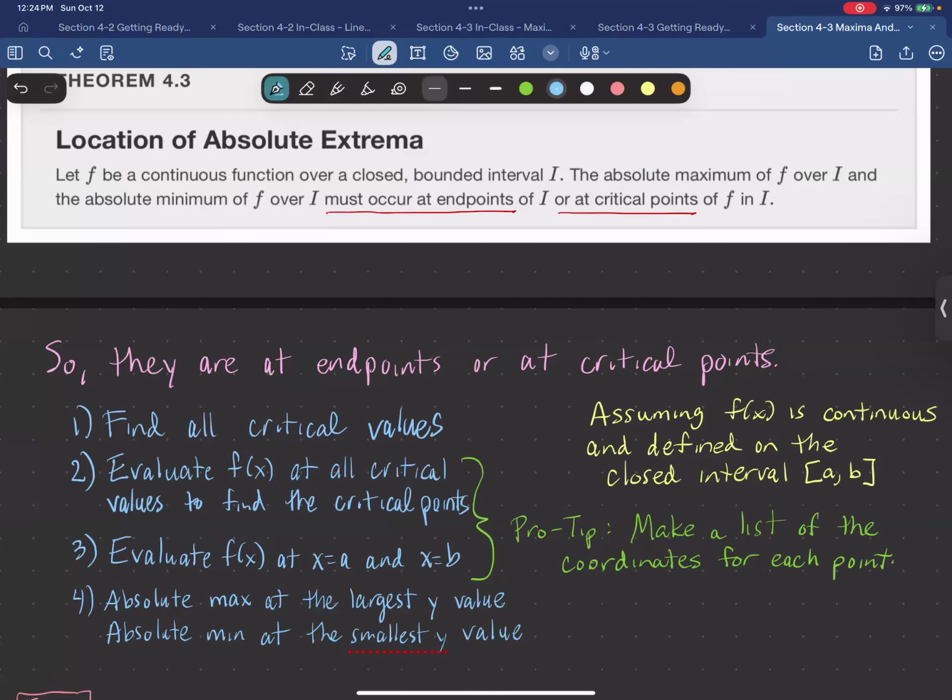So let's say we got some wavy function like this. We need to evaluate it here, here, here, here, here, here, and here. Step 2 has us doing the ones in green.